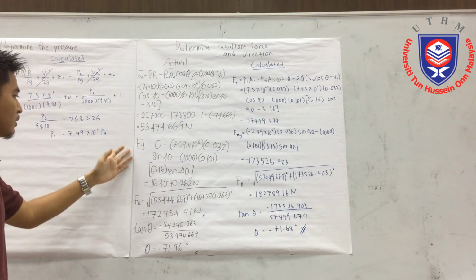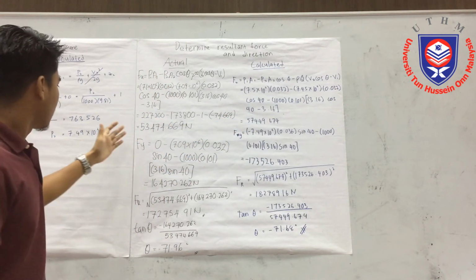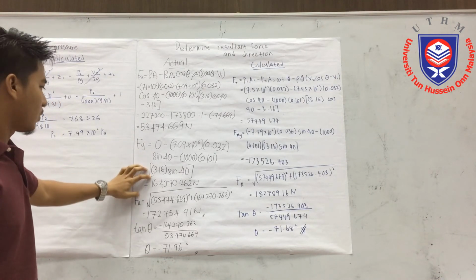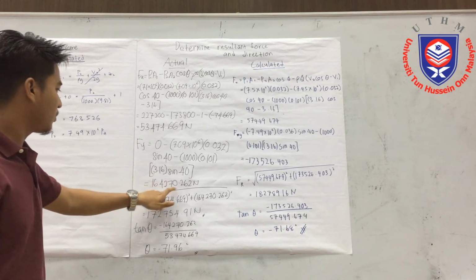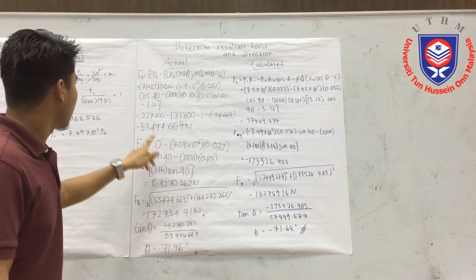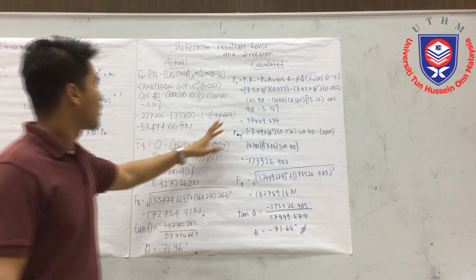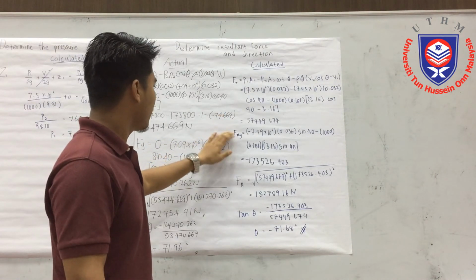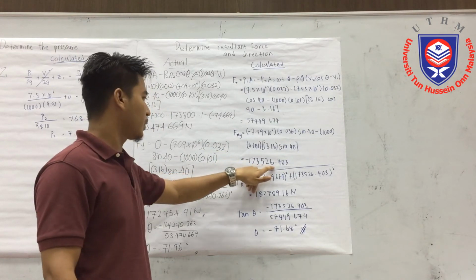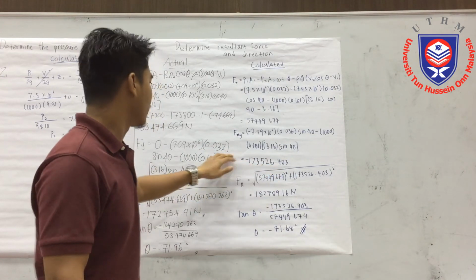Then we find Fy for actual. We get 164,270.262 Newton for the Fy actual. For the calculated Fy, we get negative 173,526.403 Newton.